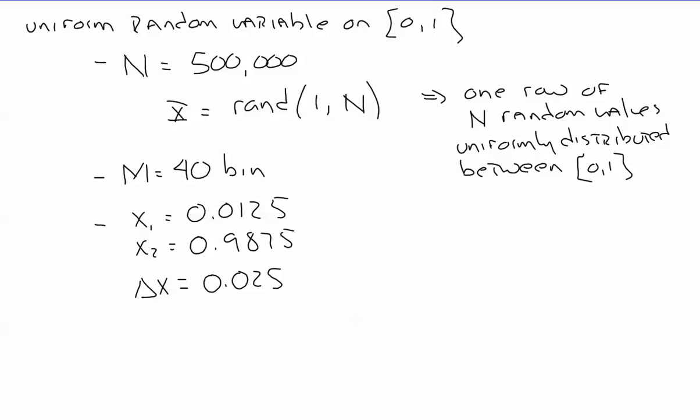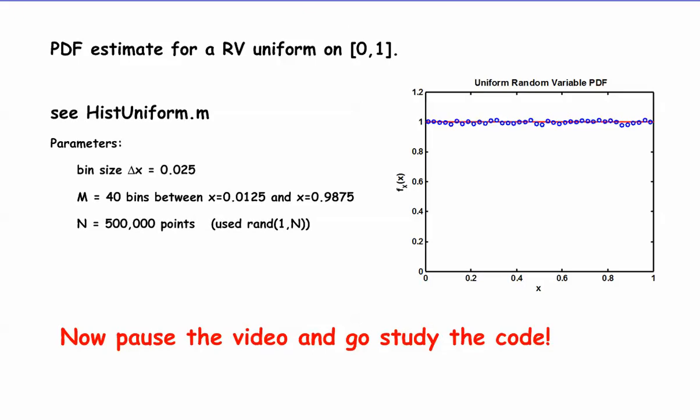I used one of the histogram sorting functions in MATLAB, sorted into 40 bins, 0.025 wide, and this was my result over on the right-hand side. I am going to make available to you a program entitled histuniform.m.